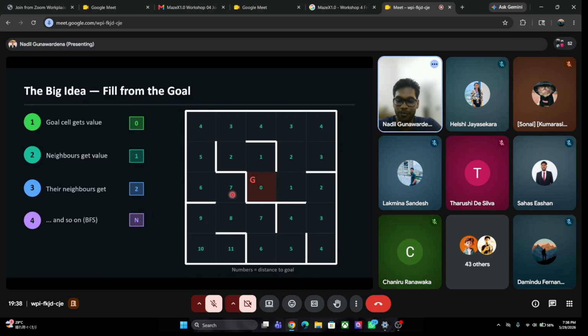For a cell to be a neighbor of another cell, you must have direct access. From the goal cell, you only have 2 cells that have direct access, this and this. Those you give number 1, the immediate neighbors.